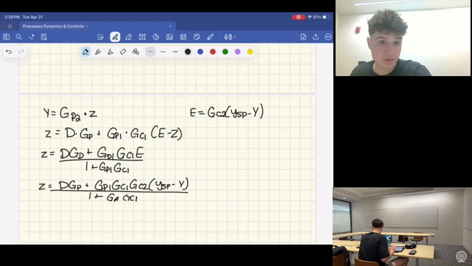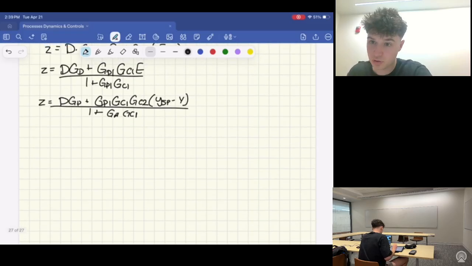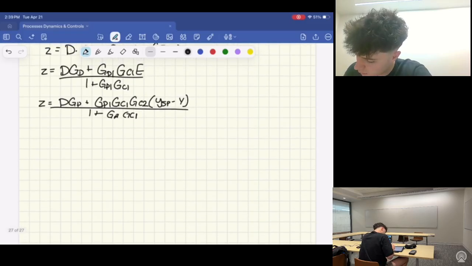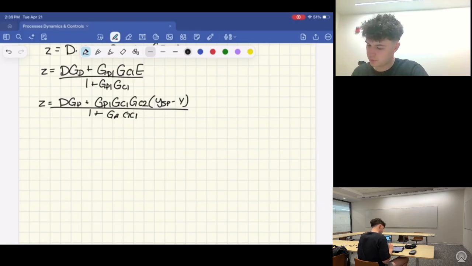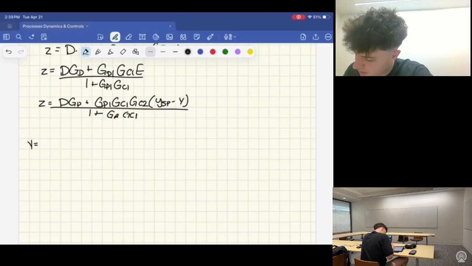And so from this equation, we can plug this back into the Y equation, and you get this super long equation. So Y is going to be equal to D GP2 over 1 plus GP1 GC1.